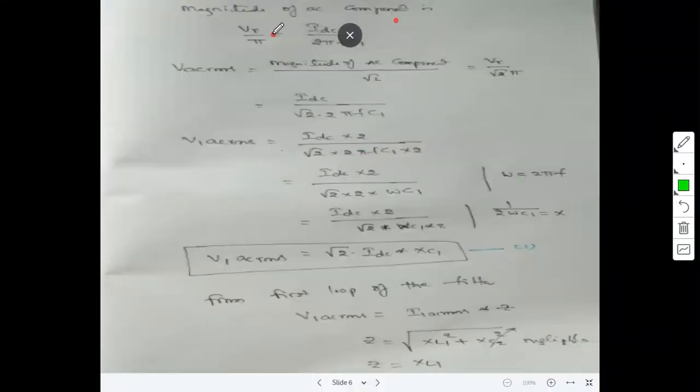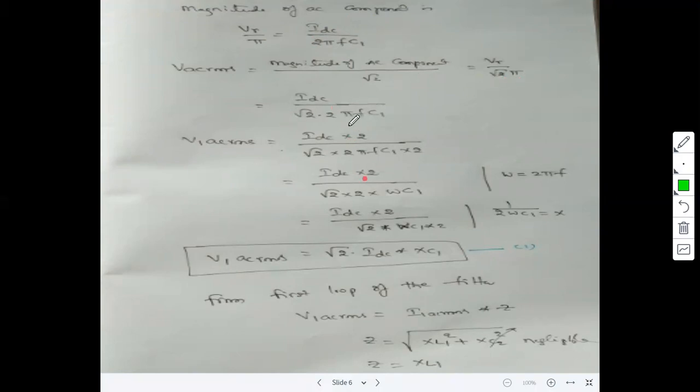Now the magnitude of the AC component VR by pi is equal to IDC by 2 pi F into C1. Then VAC RMS is equal to the magnitude of the AC component by root 2, that is VR by root 2 into pi.